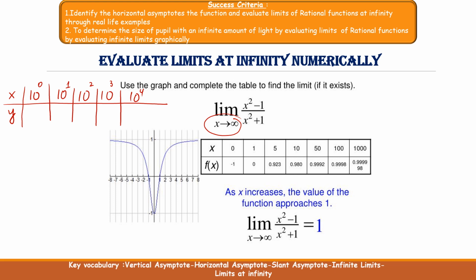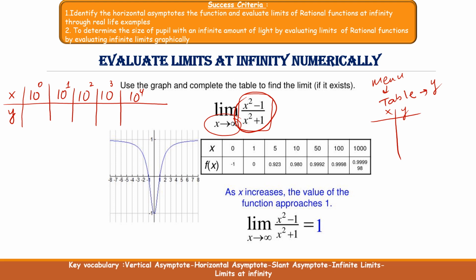So write in the calculator only this side, and if you have a graphic calculator, you write the equation, go to the menu, then go to the table, and you will see the table like this, right? In the table, write the y value only this side. You can't write the limit in the graph. The function is x square minus 1 divided by x square plus 1.